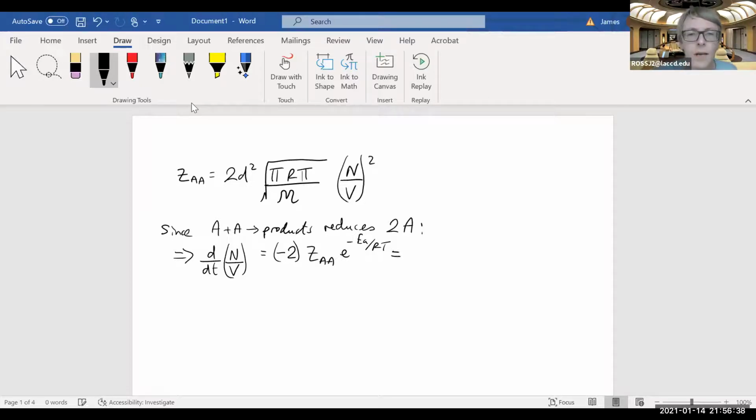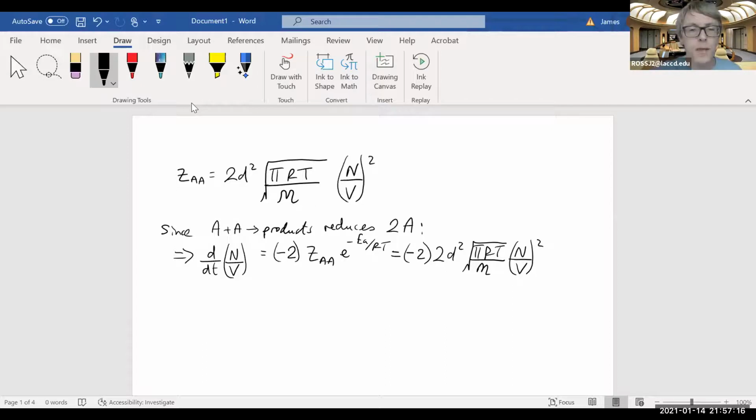And if we plug in for Z_AA, we've just got -2 times 2d squared pi RT over the molar mass, square root, N over V squared, which we'll keep as N over V squared for now. So that's just to recap what was on that previous slide.